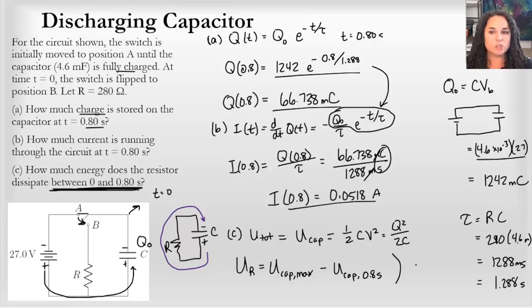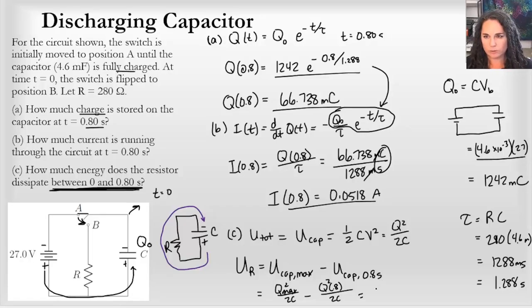So something that looks like an integral is actually a little bit of reverse engineering. It asks about the energy of the resistor, but I can get that by looking at the energy of the capacitor. The maximum energy is going to be Q max squared over 2C, and then I would subtract Q of 0.8 squared over 2C. So you square those two charges and subtract them and divide by 2C.